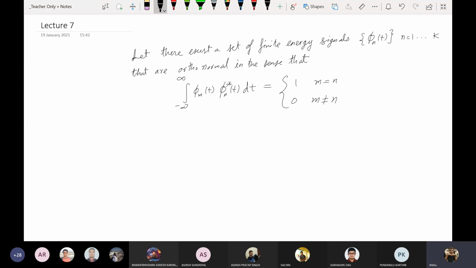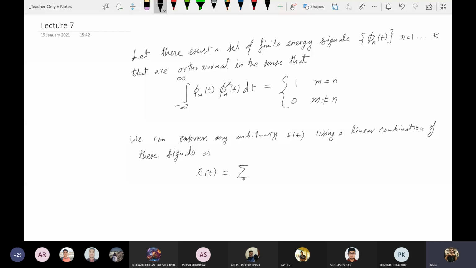Fine, and we can express any arbitrary signal s(t) using a linear combination of these signals as s hat(t) equals summation k equal to 1 to capital K of s_k phi_k(t). Right?